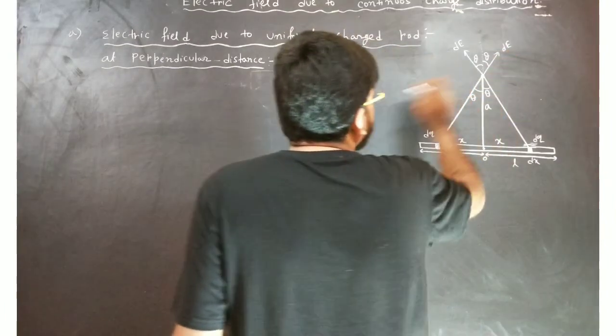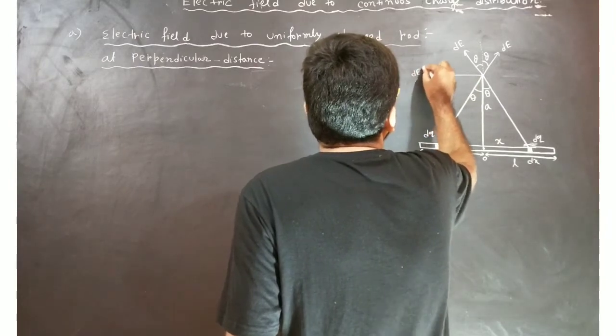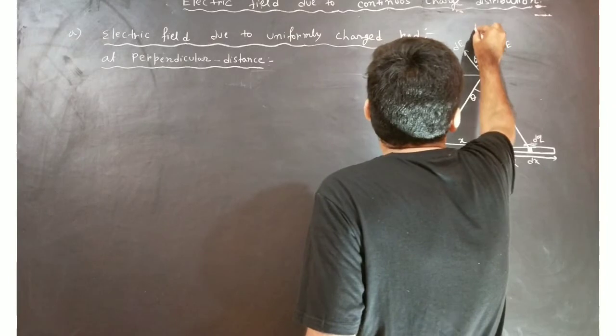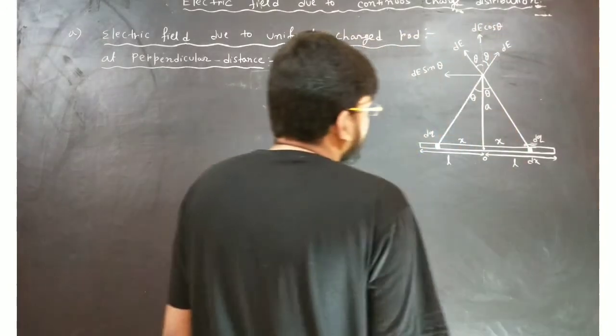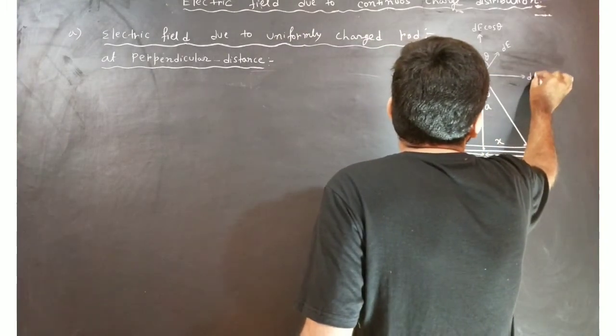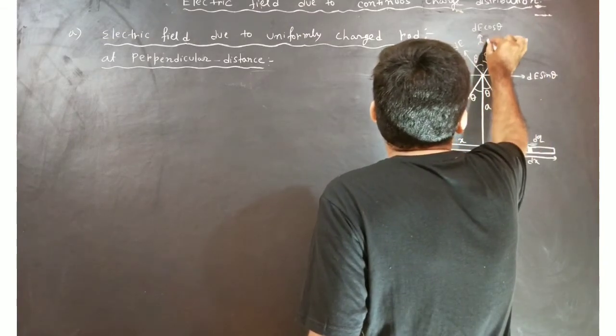Resolving dE, one component is dE sin theta and another is dE cos theta. For this dE also, one is dE sin theta and along this direction dE cos theta.